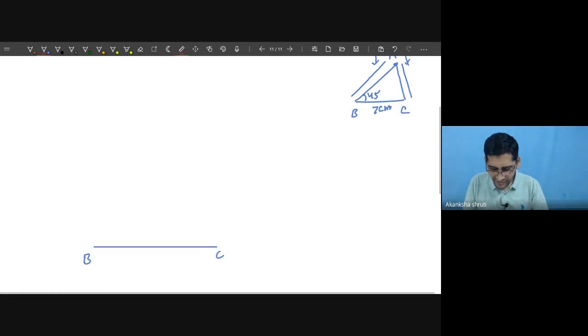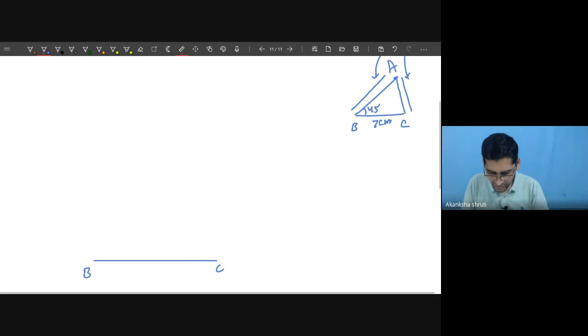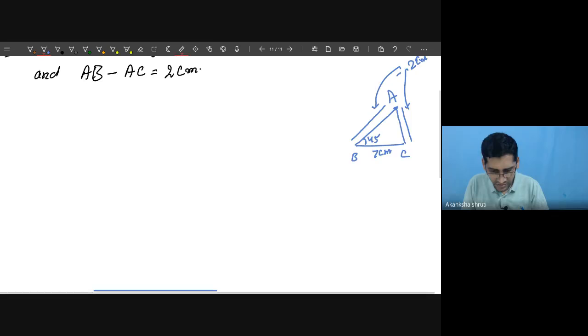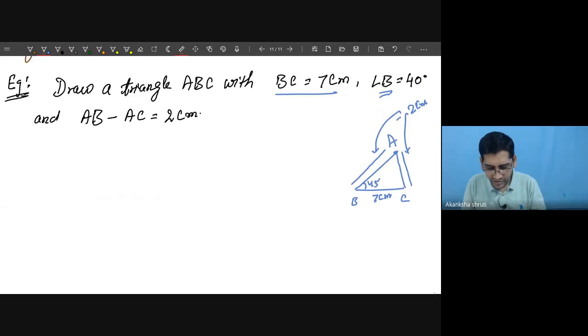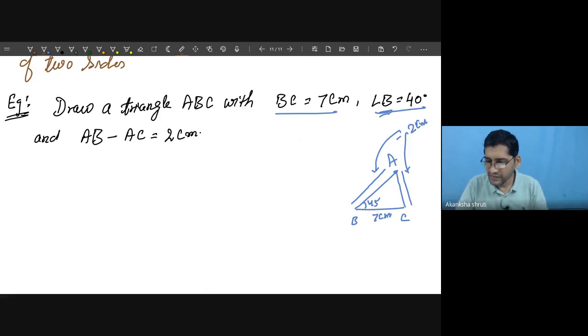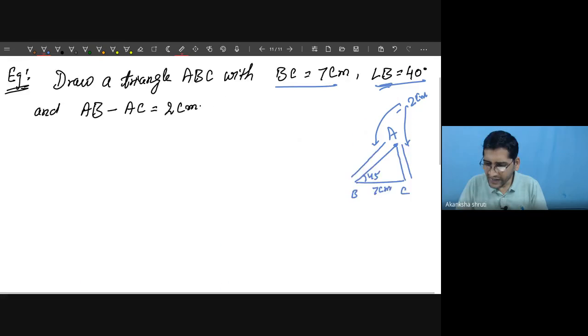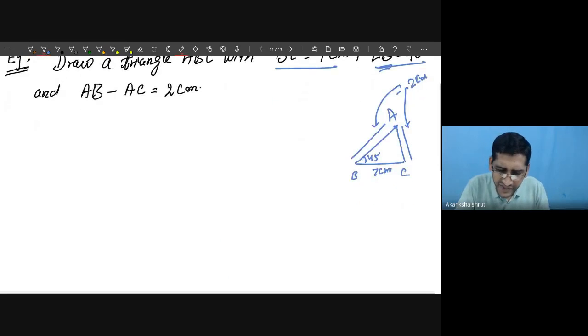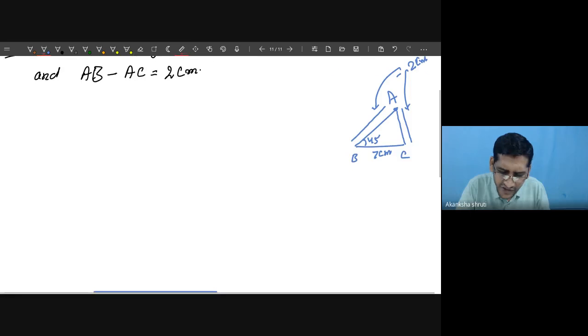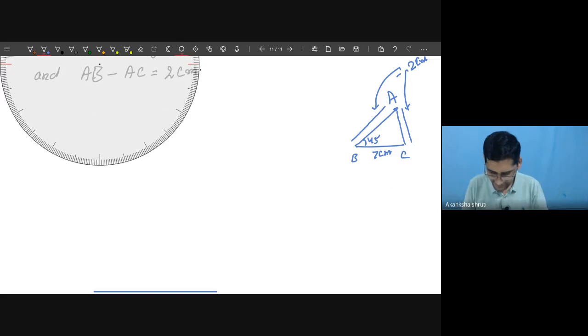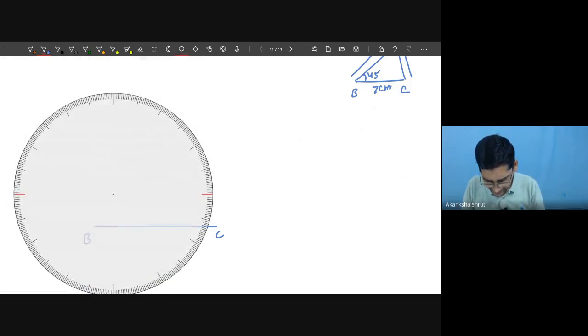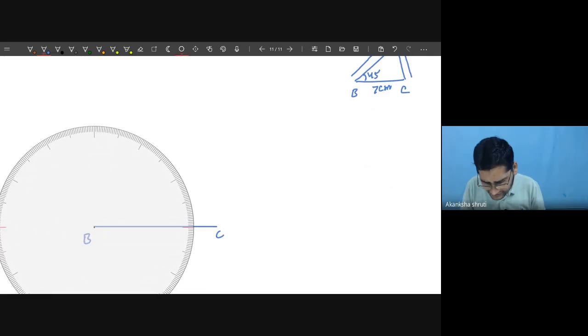Now we have to draw the angle B. Angle B is 40 degree, so let us draw the 40 degree. Place this here and draw 40 degree.